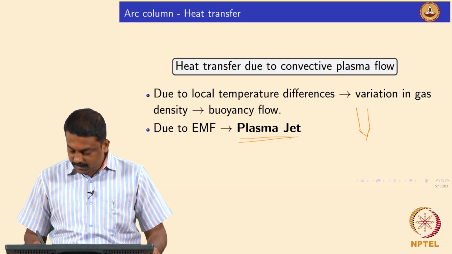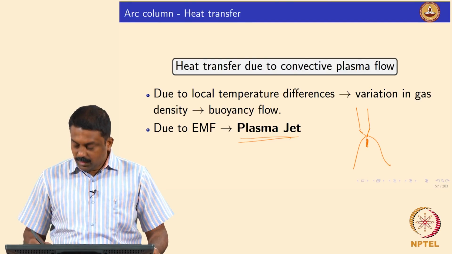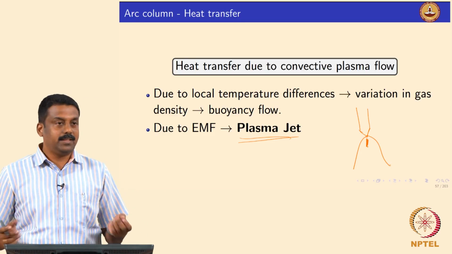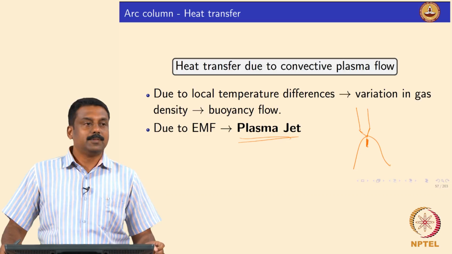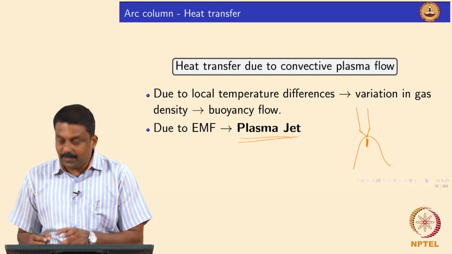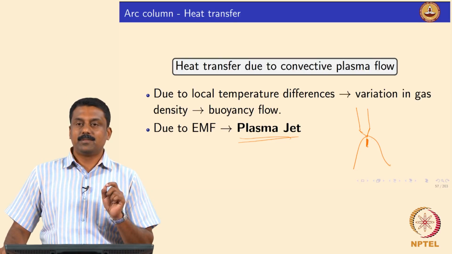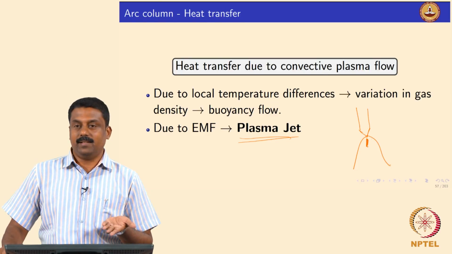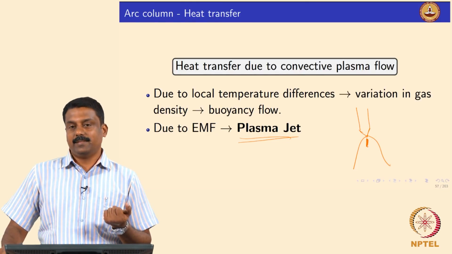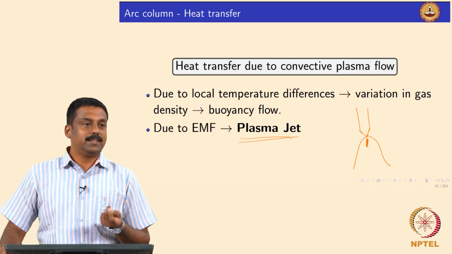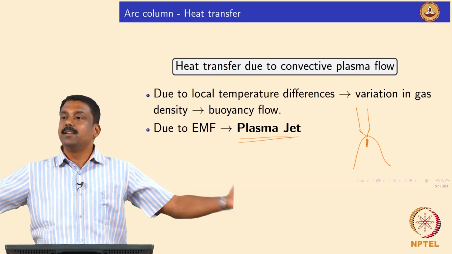Obviously, at the center of the arc, if this is your arc, you have an accumulation of charges, isn't it? Cathode fall zone or anode fall zone. Okay. So we can divide the entire transfer of current into very small particles, obviously either electrons or ions, isn't it? These are charge carriers. So these charge carriers have a peculiar property. For example, if they come together, obviously they will repel.